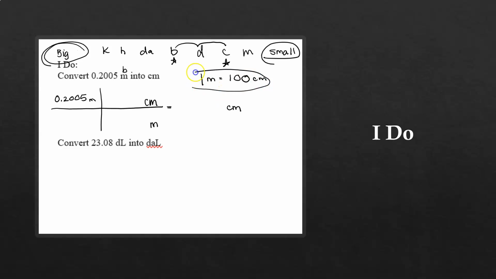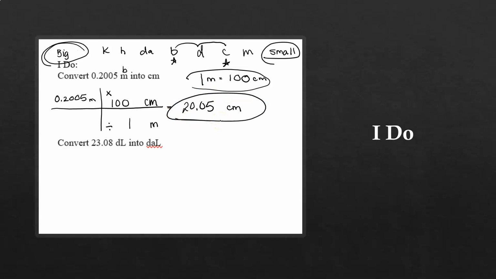And then we use our conversion factor to fill in the numbers here. So 1 is next to meter, and 100 is next to centimeter. We would then multiply the top and divide the bottom. So multiplying across the top, you end up with 20.05 centimeters. And that would be our answer.